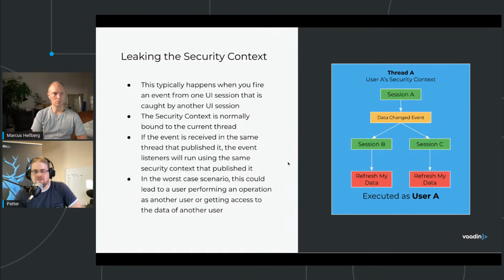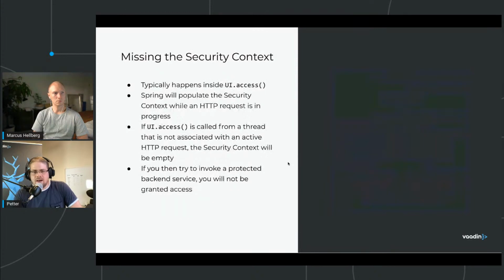Or if you have two sessions, but they are logged on as the same user, some test user, then you also won't detect this problem. Whereas this one will clearly show you when it happens. This typically happens when you're inside UI access, so you're doing a server push from a Vaadin UI.